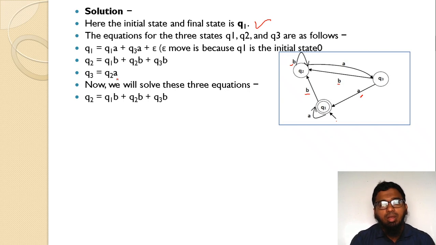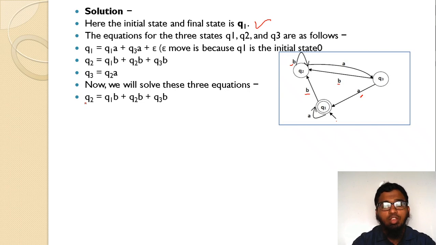Before taking the first equation, I am taking Q2, because we need to substitute the value when we go to Q1. So you need to select any one of the equations, and I am selecting Q2.